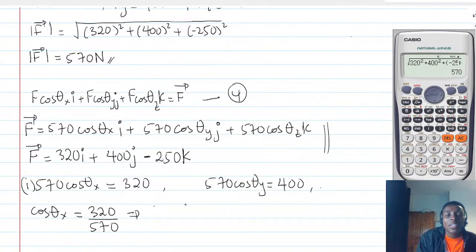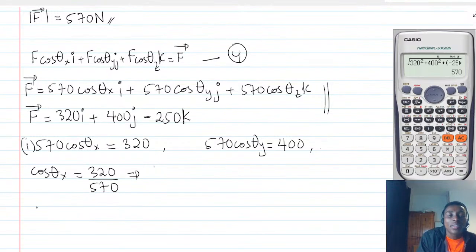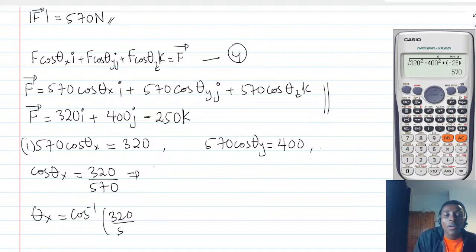It means that theta x is nothing but cosine inverse of 320 over 570. And what is that?